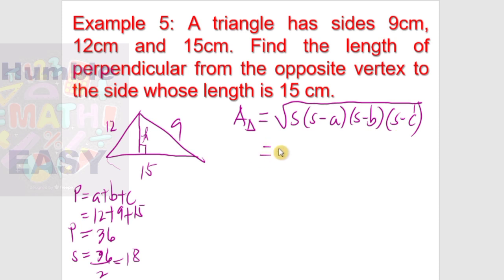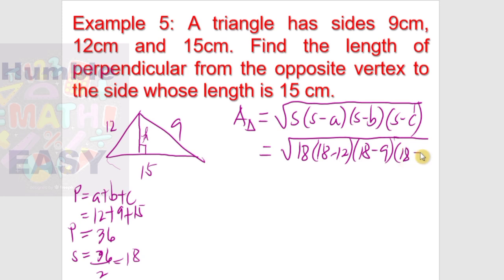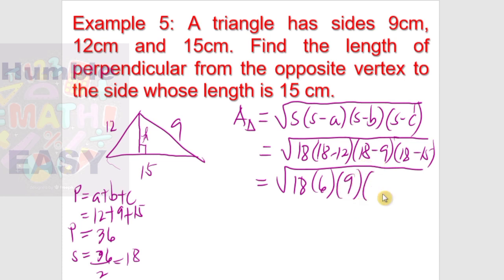And we have here 18 times 18 minus 9, 18 minus 12, and 18 minus 15. So we have the square root of 18 times 18 minus 12, and that is 6; 18 minus 9, and that is 9; 18 minus 15, and that is 3.